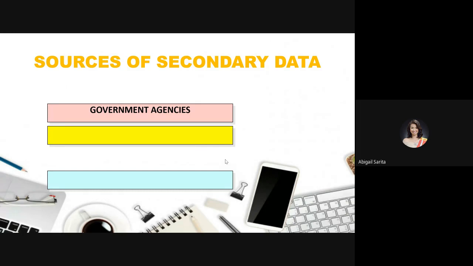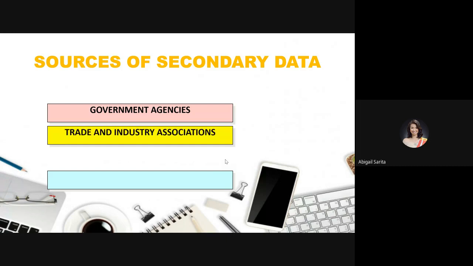Di ba meron na silang mga researchers about poverty, about employment rate, about number of women working, number of men working in the government, in the public sector, in the private sector, ilan yung mga taong nagwo-work sa manufacturing industry, sa technological industry, sa tourism industry. So yung government agencies, meron na silang ganung mga informations.